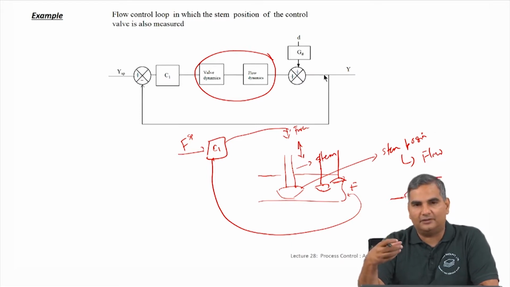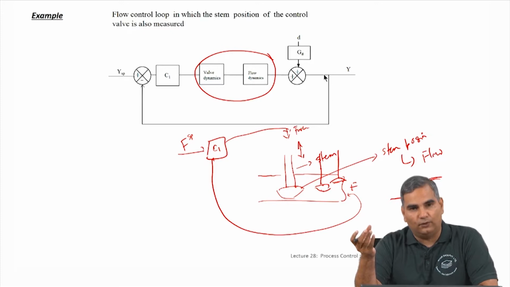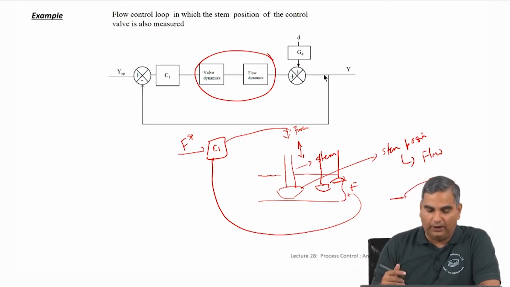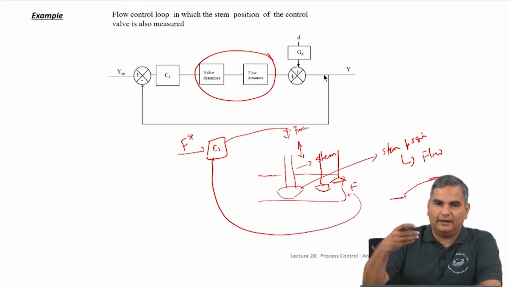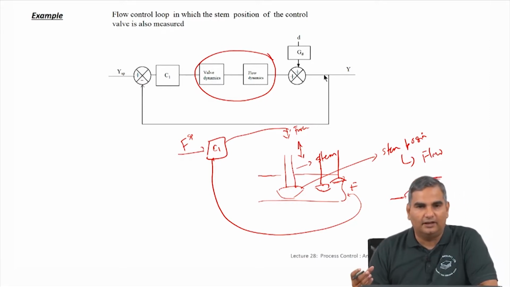The first dynamics is actually the force to the stem position, which is called the valve dynamics, and the second is the stem position to the actual flow that comes out of the pipe. Okay. So, there are these two dynamics, and clearly once you apply a force, then the dynamics has to take into account and push the stem down to a particular position, and then once that position is reached, then the flow has to react to the change in the stem position, and then the flow will change.